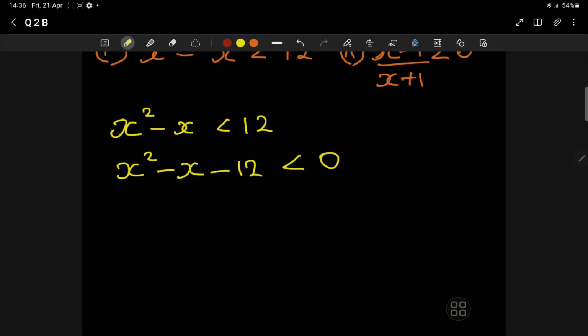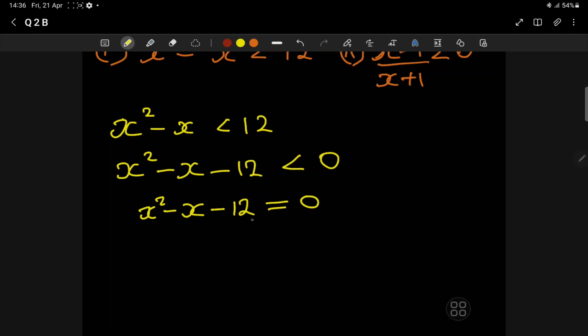So here this is a polynomial, actually a quadratic, and we equate it to 0, so that we can find the zeros of this polynomial. So x squared minus x minus 12 is equal to 0.